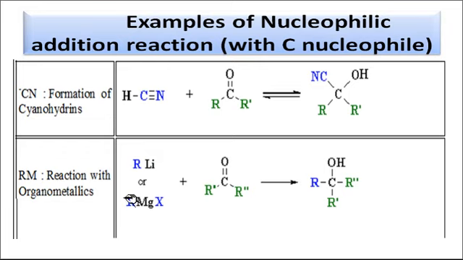In these, one difference is also there: in both of these reactions the nucleophilic center is the carbon. Here CN attacks the carbon, here the alkyl group attacks the carbon. So the nucleophilic center is the carbon.